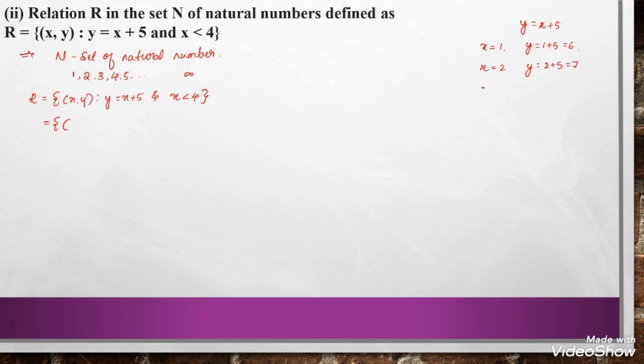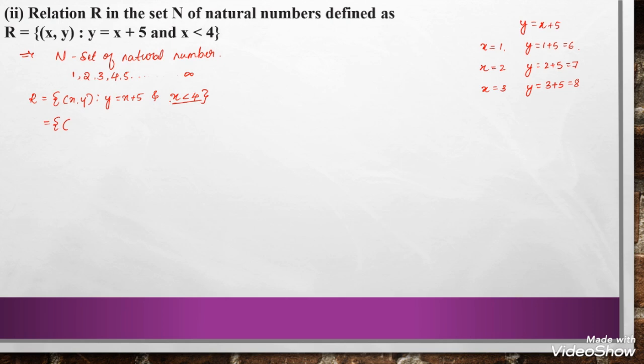Then x = 3, y = 3 + 5 = 8. I consider x values only 1, 2, 3 because the condition says x is less than 4, so up to 3.